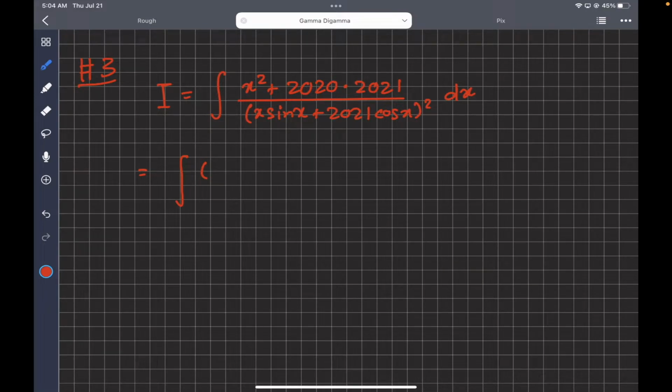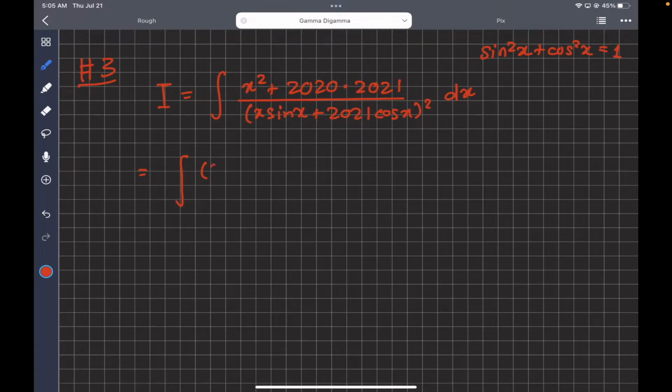One useful identity we can use is sine squared x plus cosine squared x is 1. So whenever there's a 1 in the numerator, so there's a 1 for x squared, there's a 1 for this 2020 times 2021 factor.